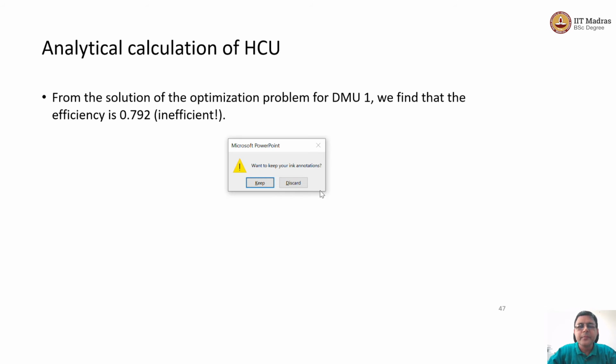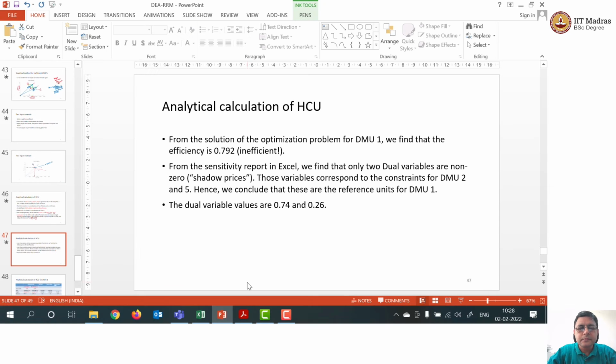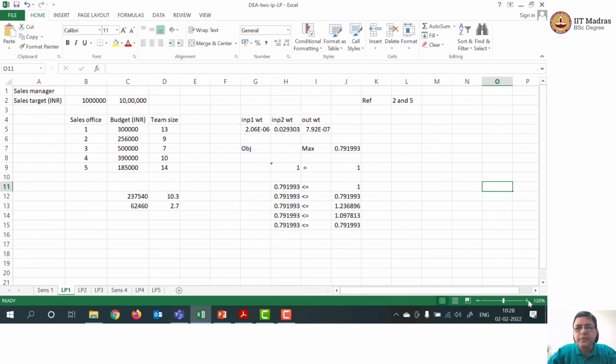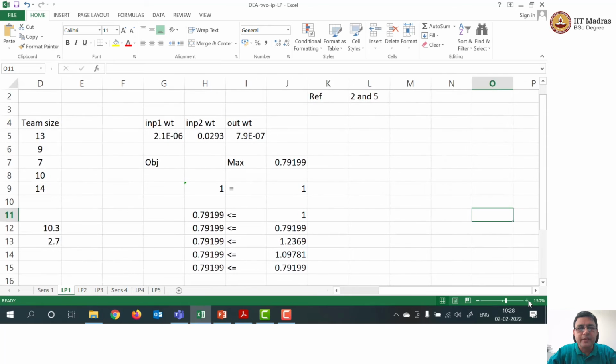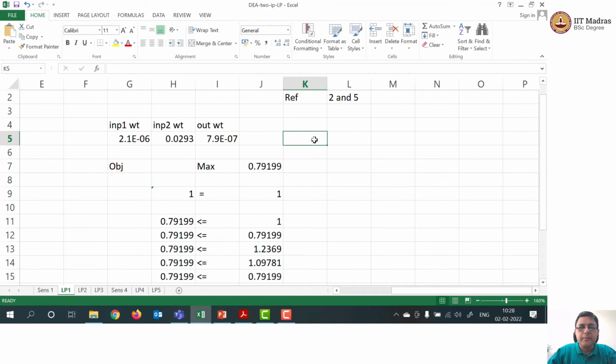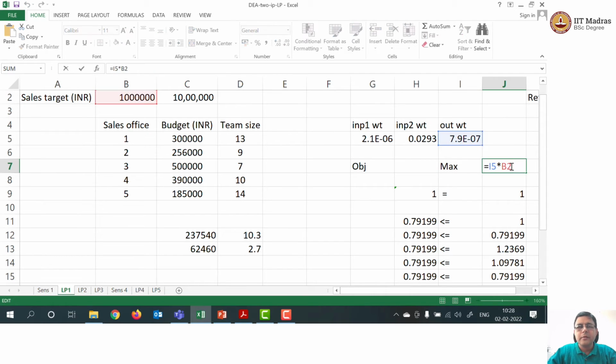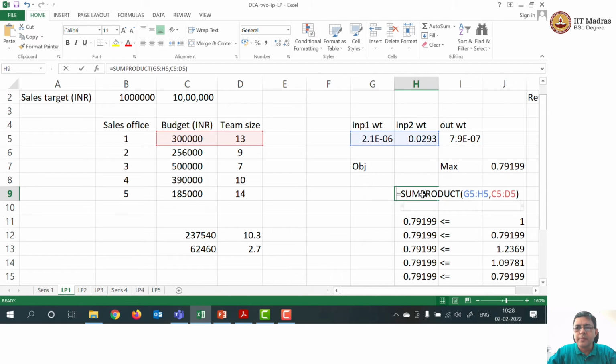Let me show you that on Excel. So, if you recall, this was the solution for the optimization problem for DMU1. Why DMU1? Because I am using output weights, input weights for DMU1, normalizing the input for DMU1.